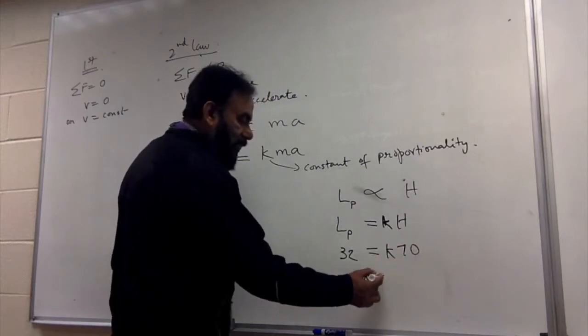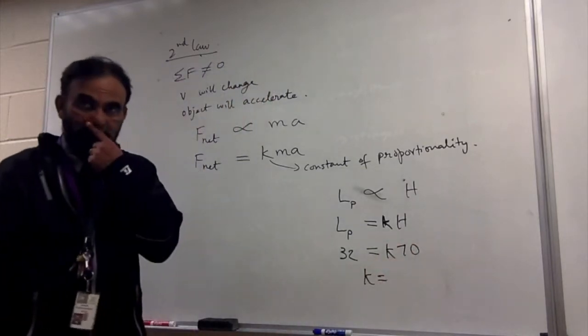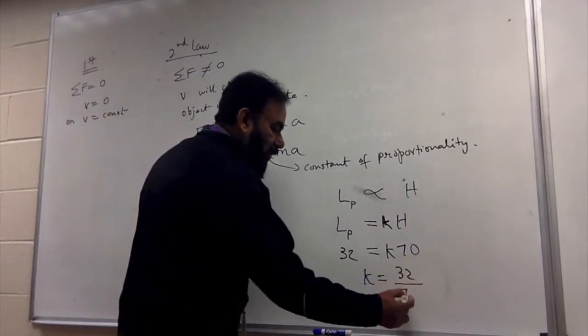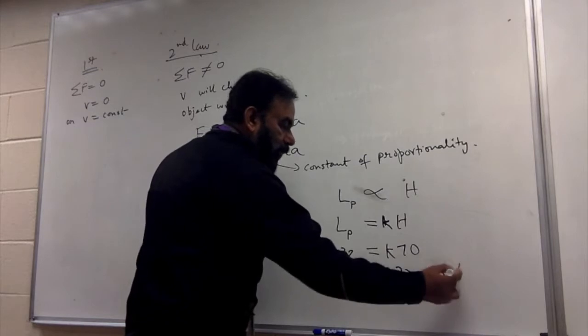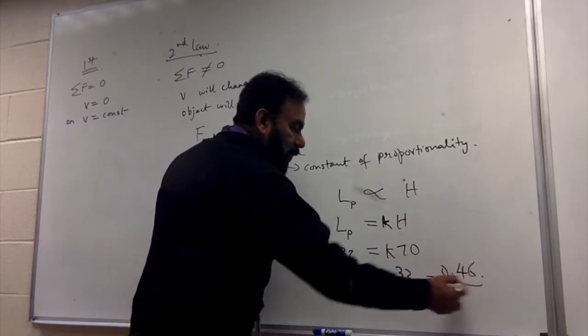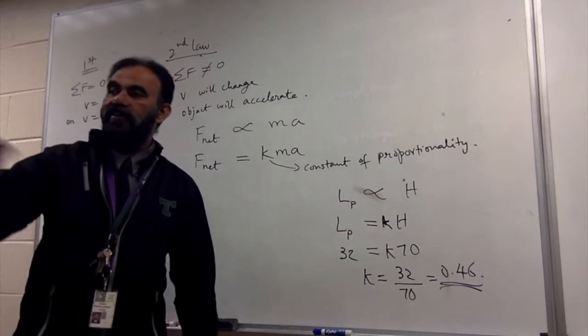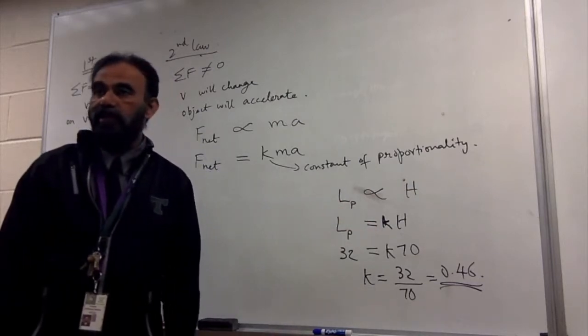So what is K then? K will be 32 over 70, which is 0.46. So that's the K. Once you know K, you can find the length of the pant required for anybody. All you need is height.